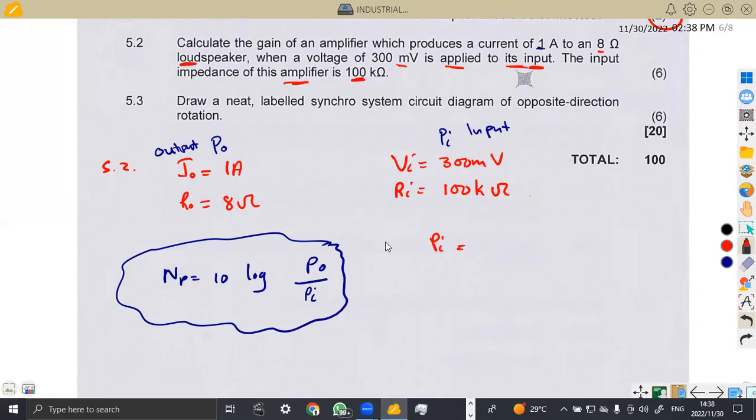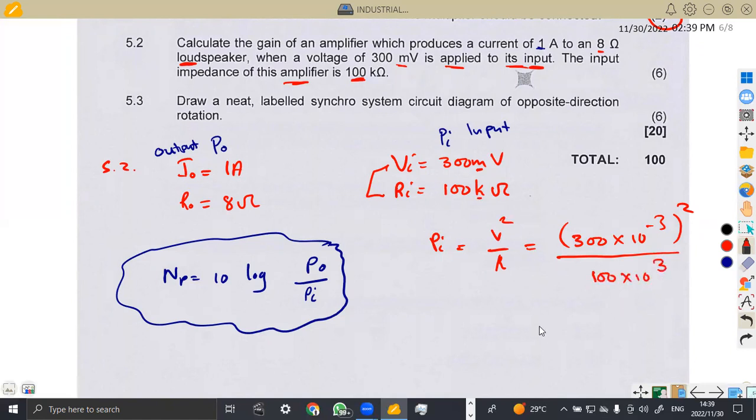The input power in this case, we can check, we are given voltage and resistance. So given voltage and resistance, power is equivalent to V squared over R. So V, which is our voltage, is 300 milli, remember milli is times 10 to the power minus 3. Then we square that over the total resistance, which is 100 kilo, meaning times 10 to the power of positive 3.